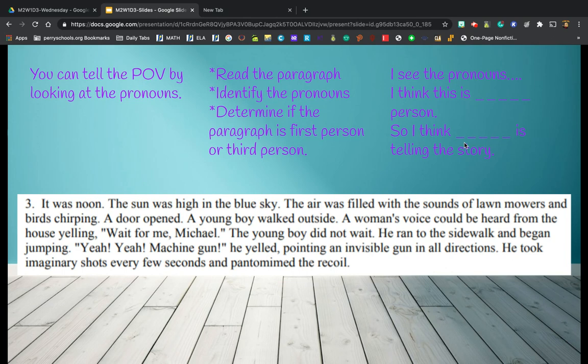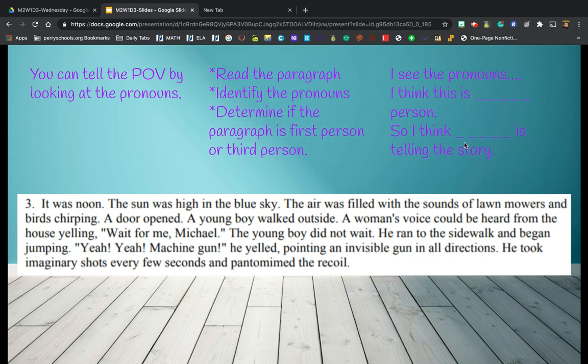So I can't use that me, but I can use a little bit further. He ran to the sidewalk and he yelled. He took out. And as I'm reading this, I see more he. And because I see he, it's going to be third person.